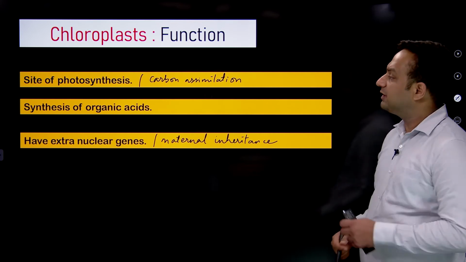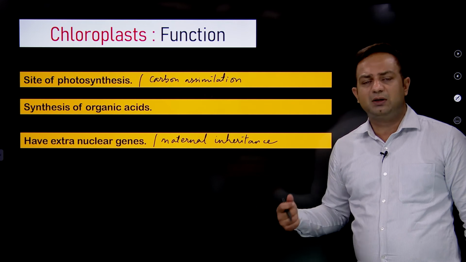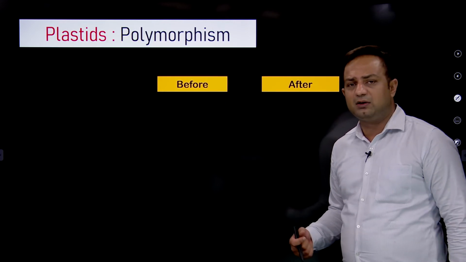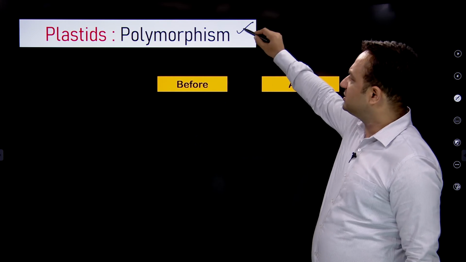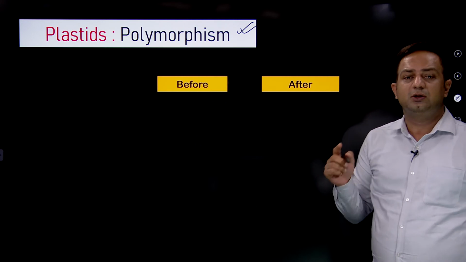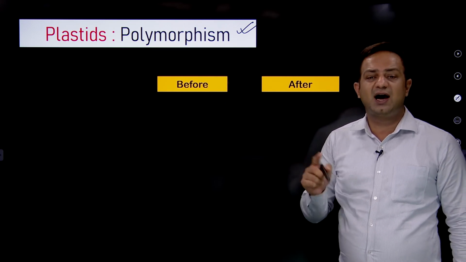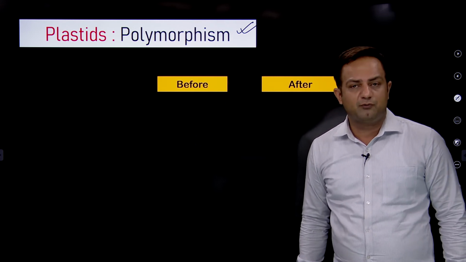Okay. So next, can these chloroplasts be compared with gram-negative bacteria also? Yes, they can also be compared. Before that, let's establish the polymorphism. As I told you, the chloroplast, leucoplast and chromoplast are interconvertible forms, so they exhibit polymorphism.